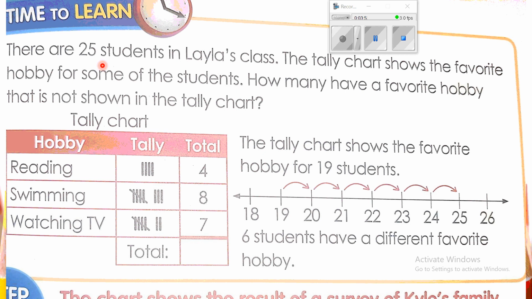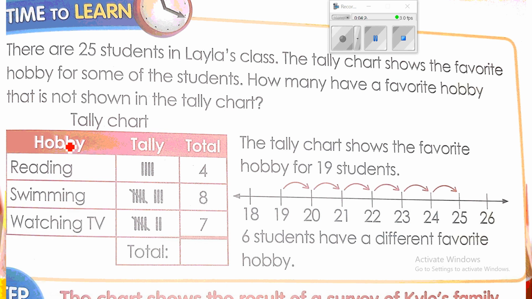So here we have to read the total of the tally chart and find the total number of the students that I asked, and then I subtract the answer from the total, which is 25, to know which students I didn't ask. So let's do it together.